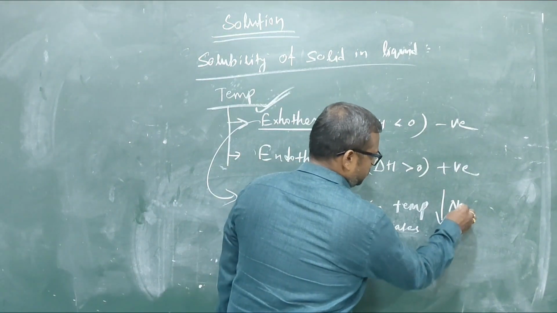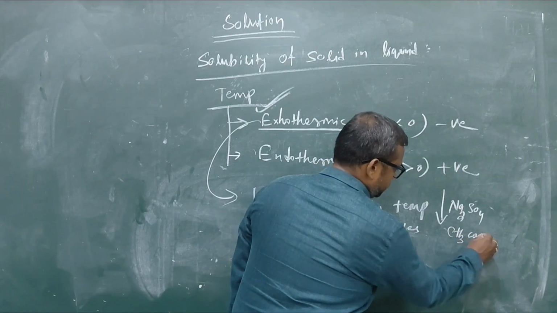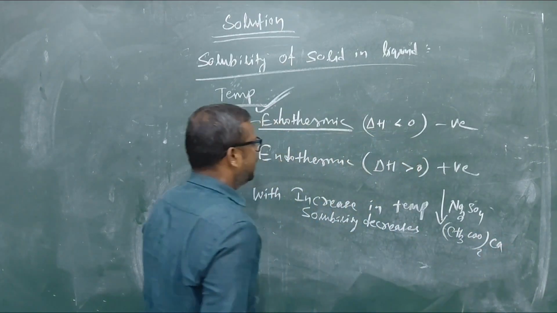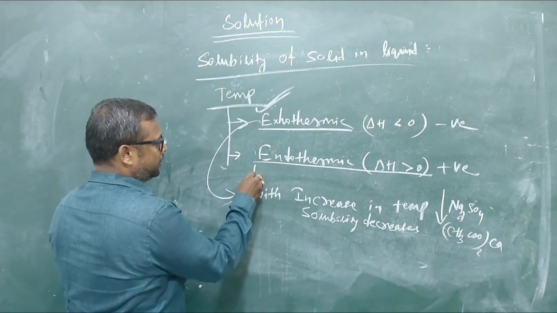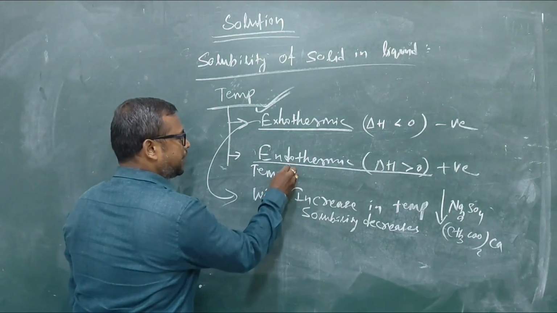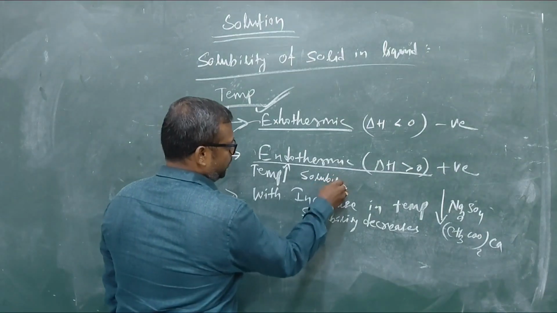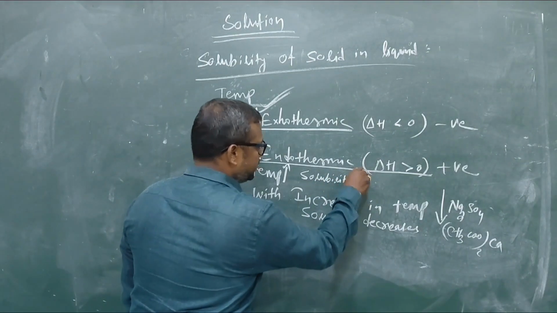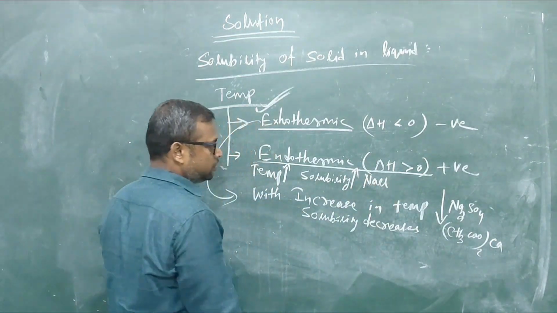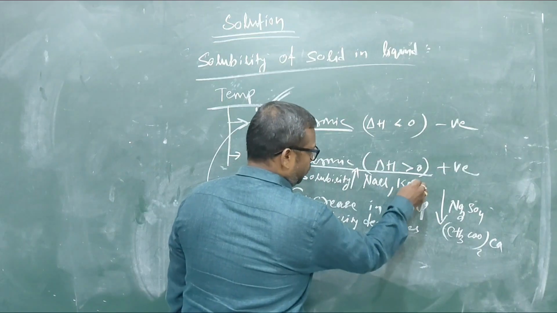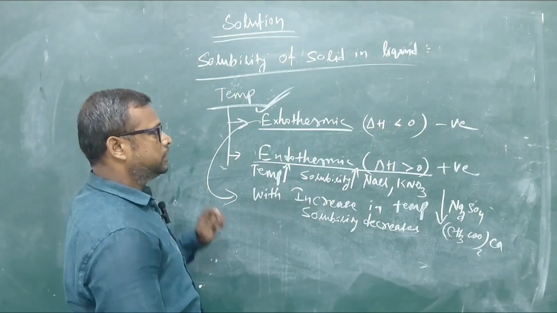Example, sodium sulfate, calcium acetate, etc. But for endothermic reaction, with increase in temperature, solubility also increases. And here example is sodium chloride, that is common salt, and one more is KNO3, niter or potassium nitrate we can say. That is about effect of temperature.